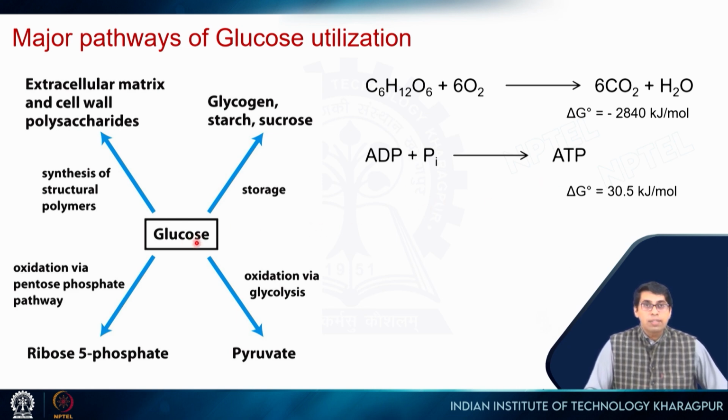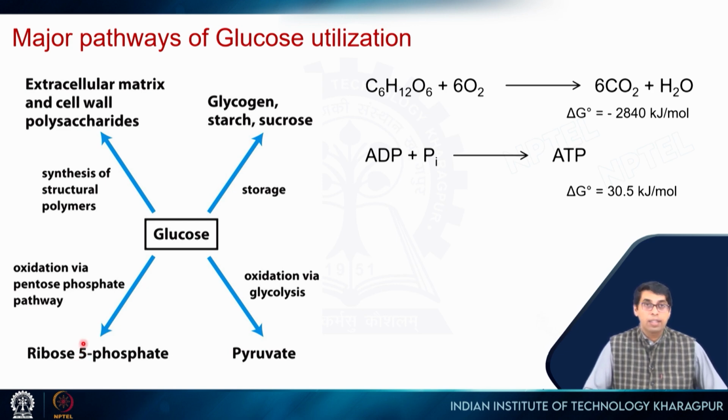So, now glucose, there are all these different processes, right. So, what we are going to look at today first is conversion of glucose to pyruvic acid, that is oxidation via glycolysis. Glucose can also be stored as glycogen, starch or sucrose for long term storage, right. Glucose is also oxidized via the pentose phosphate pathway or PPP to produce all sorts of nucleic acid material, right.